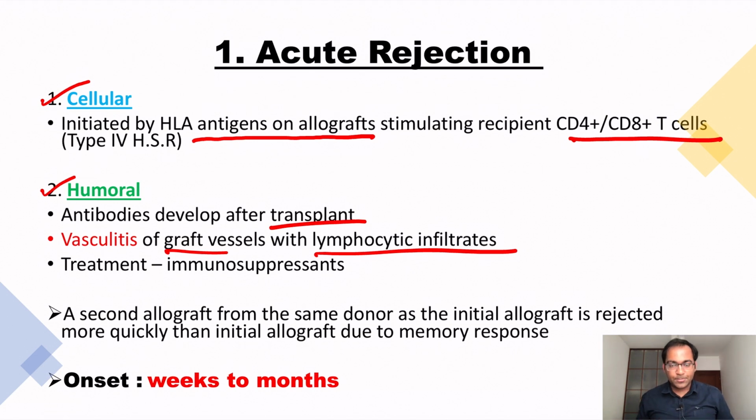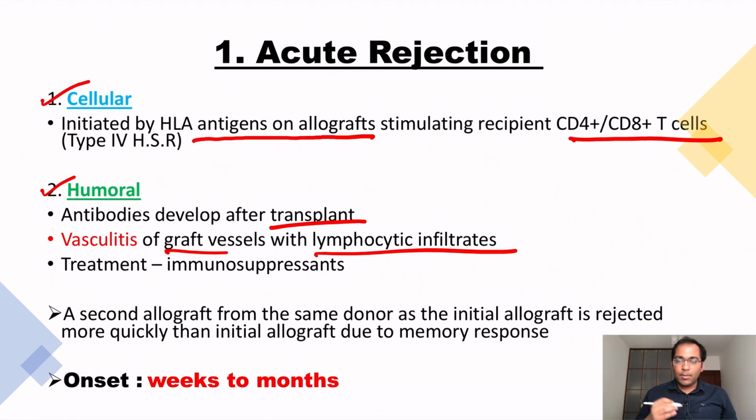Because we already developed a memory response when I had the first kidney transplanted into me. So this is a very important word, the memory response or the memory cells. We develop memory cells when we reject the first time, so when you receive the same transplant from the same donor, you will reject it very quickly because you have the memory cells and pre-made antibodies. The response is quite robust and fast.